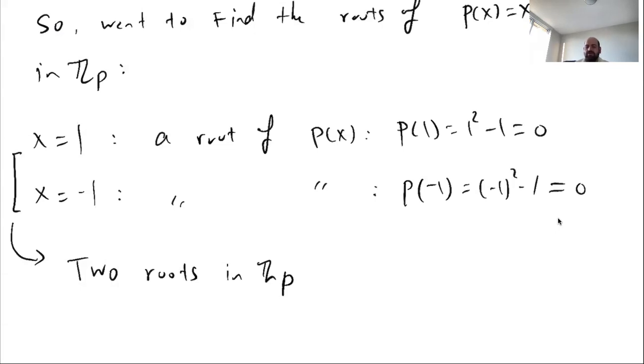When you talk about congruence mod P or equality in ZP, every calculation is done mod P. Therefore, talking about -1 is the same as talking about P -1, because adding P to a number is like adding 0, since P is 0 mod P. So when I say x equals -1, I can also replace it with P -1.